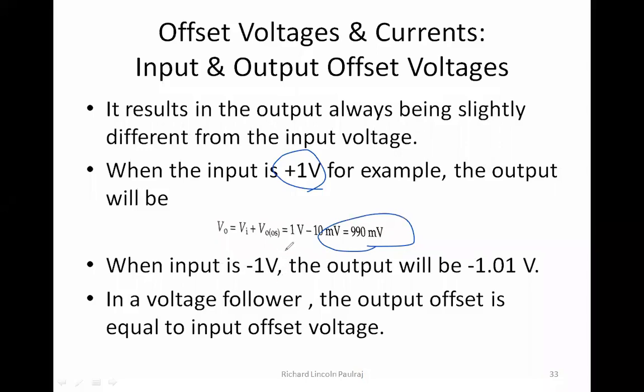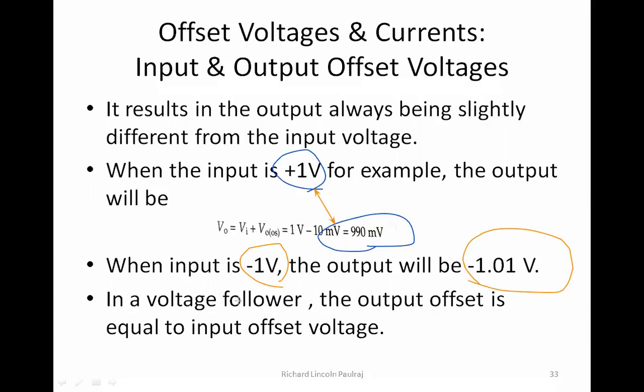If I take minus 1 volt, instead of having a lesser output, I'm going to have a greater one. When the input is minus 1 volt, the output is going to be minus 1.01. We want both the input and the output to be the same, but that's not the case here.